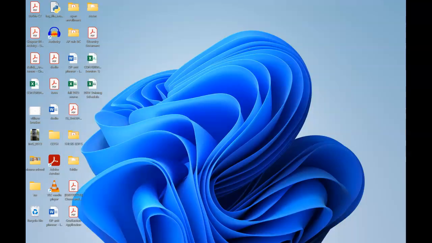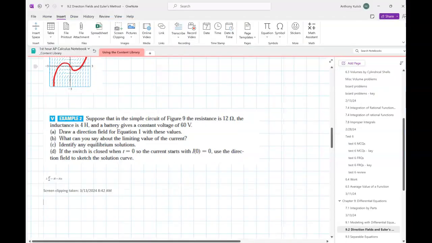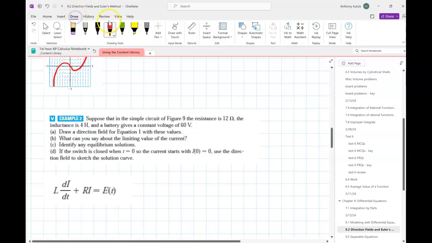So let's say that we know that Ohm's law gives us a differential equation like this, where, so we're told here that, what is this?